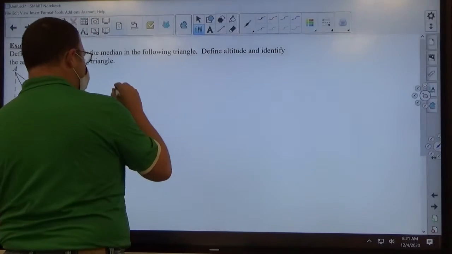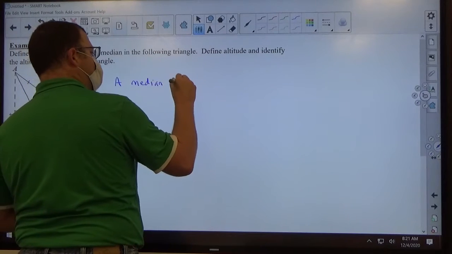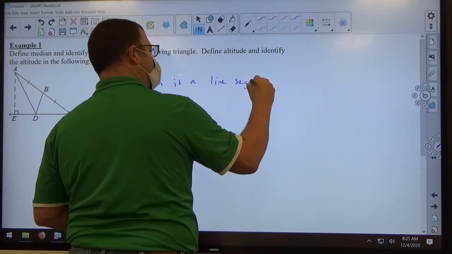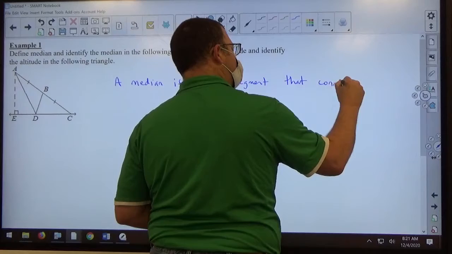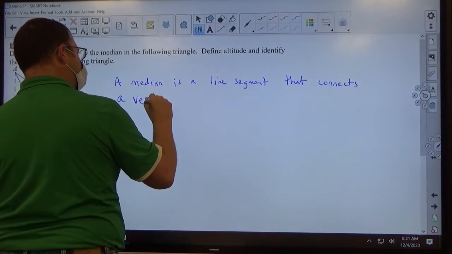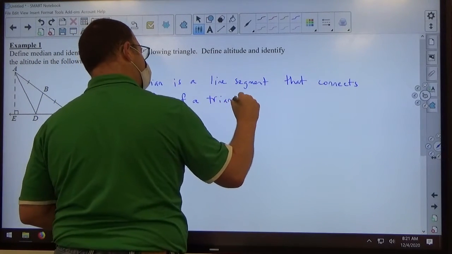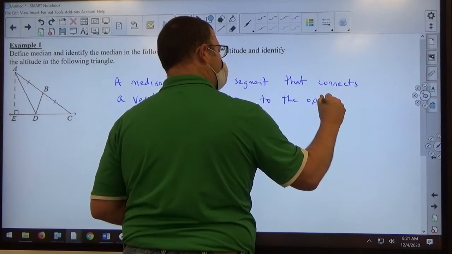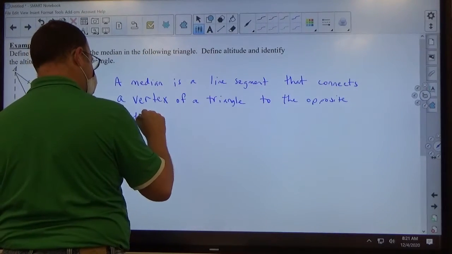So, a median is a line segment that connects a vertex of a triangle to the opposite side's midpoint.